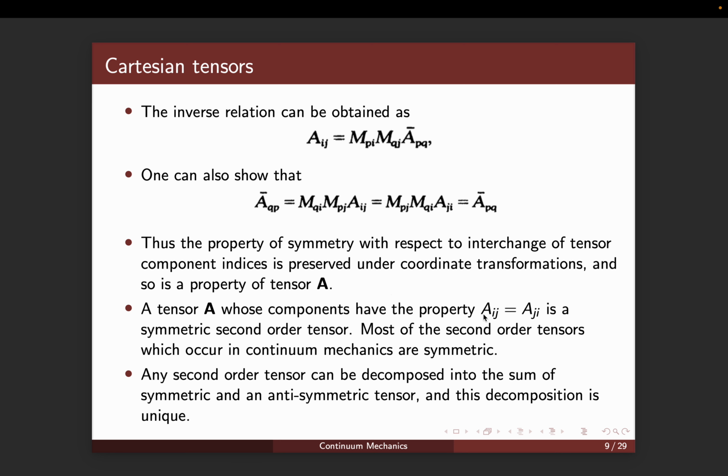If A_ij is equivalent to A_ji, then this second order tensor is said to be symmetric. One can show that any second order tensor can be decomposed into the sum of a symmetric and an anti-symmetric tensor, and this decomposition is unique. Thank you.